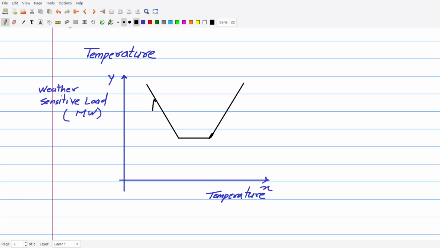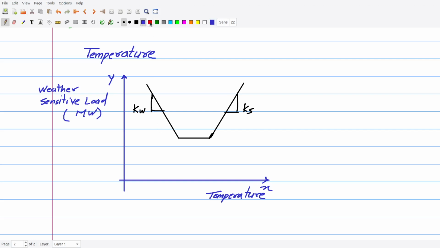So the slope of this is KW, whereas the slope of this is KS. We'll tell you what KW and KS are afterwards. So this is the graph of weather sensitive load.